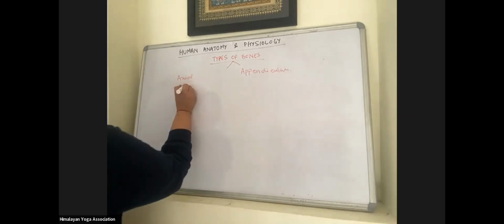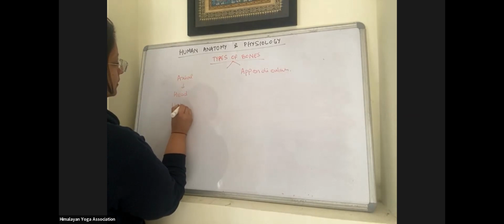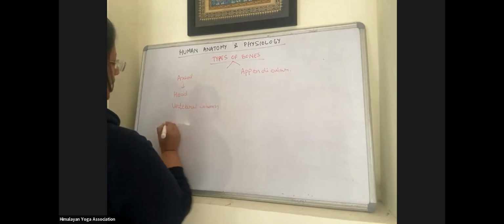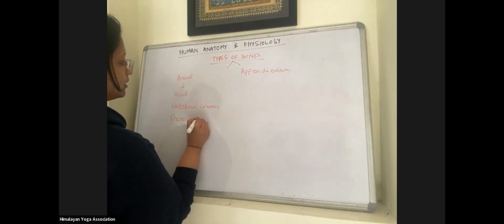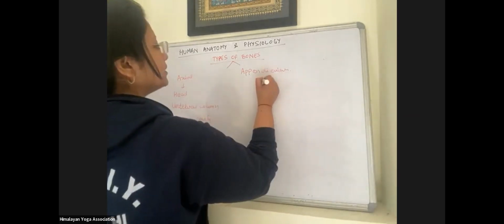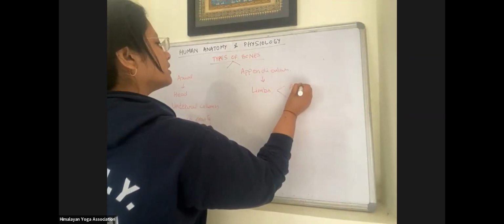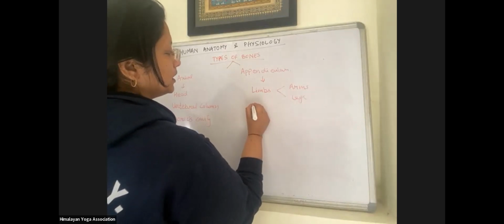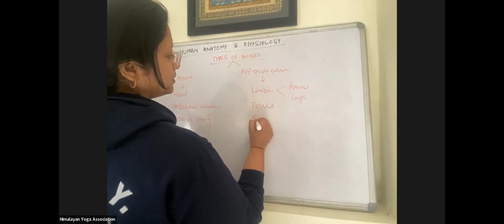In axial, we have the head, the vertebral column, and the thoracic region, the thoracic cavity. In appendicular, we have limbs, which are arms and legs, and then we have the pelvis, and then we have the shoulder.